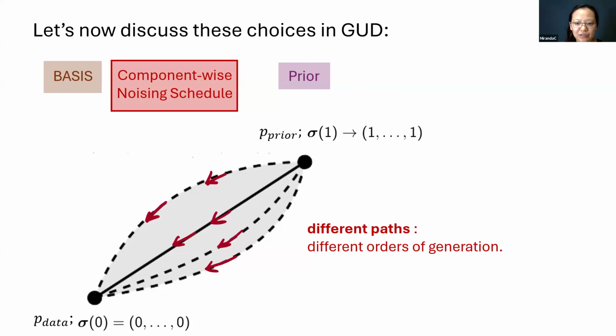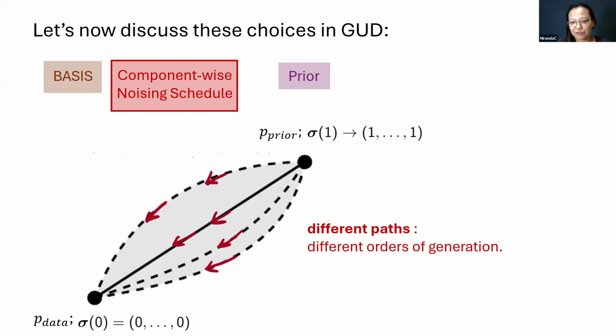To turn it around in the generation process, different paths amount to different orders of generation. For instance, with physics data, you could choose to generate the high frequency degrees of freedom first, and then condition on that to generate the low frequency degrees of freedom, but we know that that's intuitively bad.